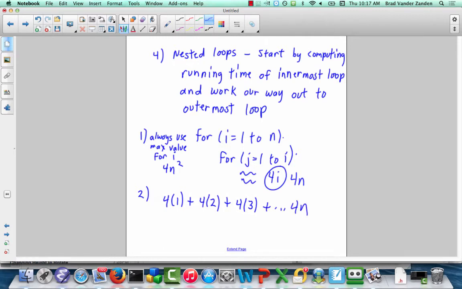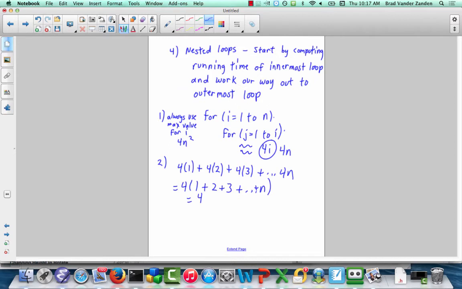So the values of i go from 1, 2, 3, 4. That's equal to 4 times (1 plus 2 plus 3 plus ... n). Has anyone seen the solution to that sequence before? I know someone has. May not be able to remember it though, right?